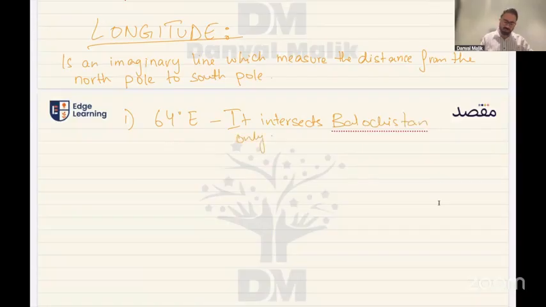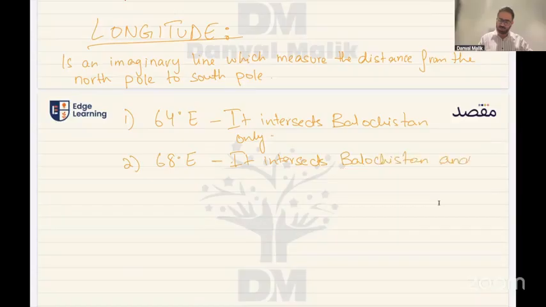Just write it for now, I'll explain what I mean when I say it intersects Balochistan only. Then we have 68 degrees east. For this, write down it intersects Balochistan and Sindh.